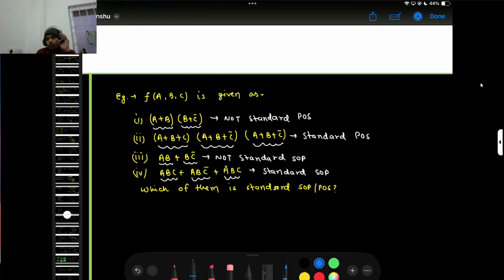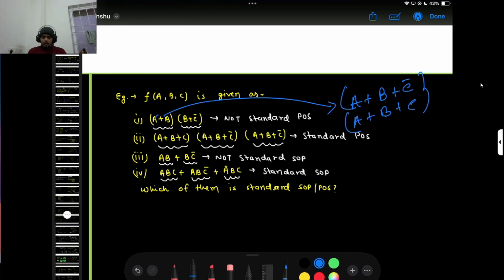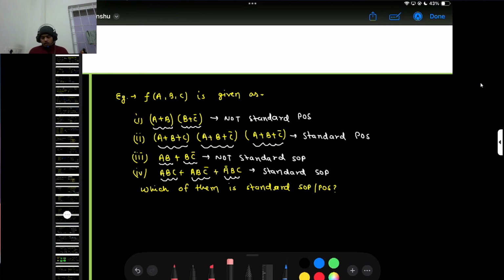Otherwise, if any of the inputs is missing in any SOP or POS form, like suppose here A is missing and here C is missing, maybe it's C bar C something like that, or A B. If you want to open it, it looks like A plus B C bar and A plus B. That's what we want for a standard form, so this is not a standard form.